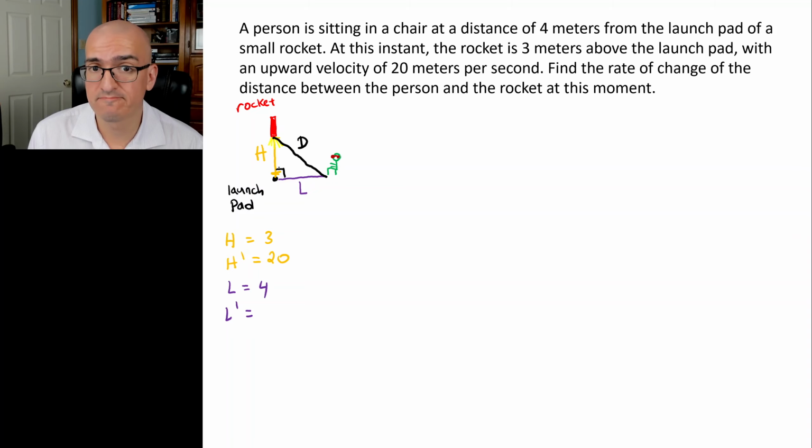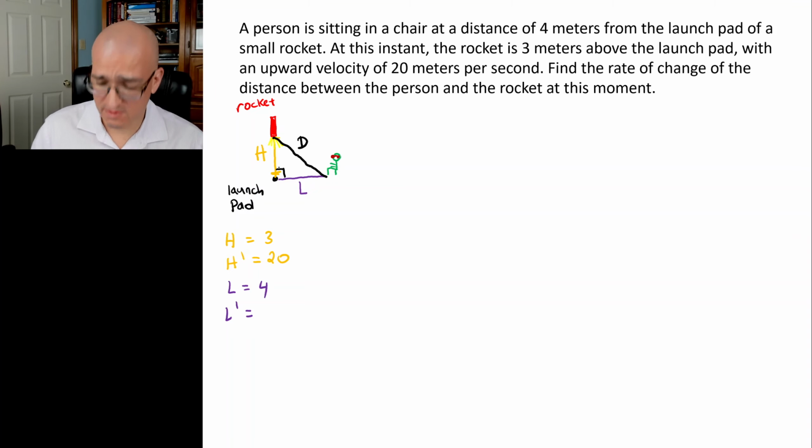What is L prime? So that person is sitting in the chair, not moving. And the launch pad is just there, like all launch pads, not moving. It's not like one of those mobile missile launch stations. It's just probably a little mark in the ground. It ain't going anywhere. He's not going anywhere. Or she, it doesn't say anything about the person.